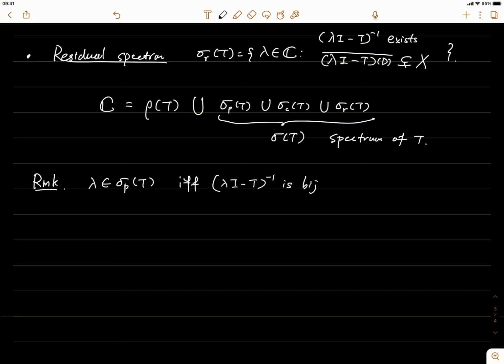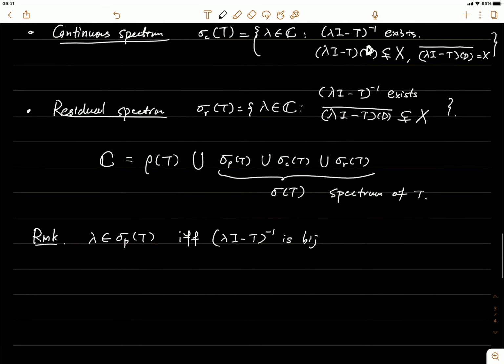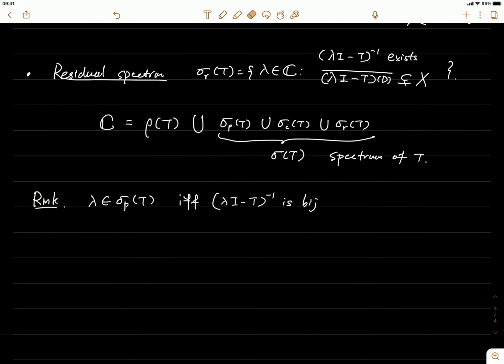So lambda is in the union of rho(T), the resolvent, sigma_P(T), sigma_C(T), and sigma_R(T).